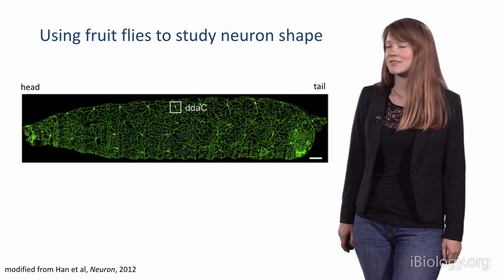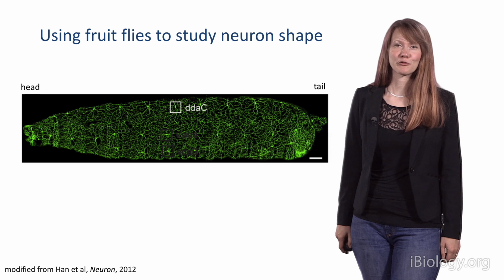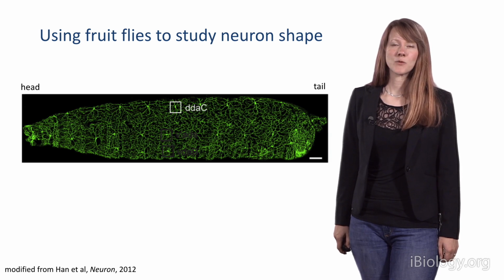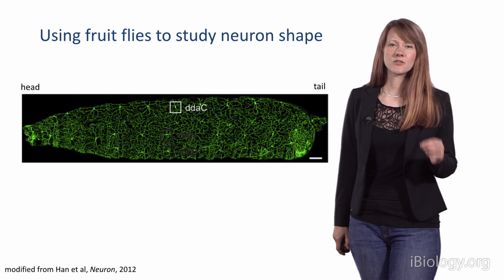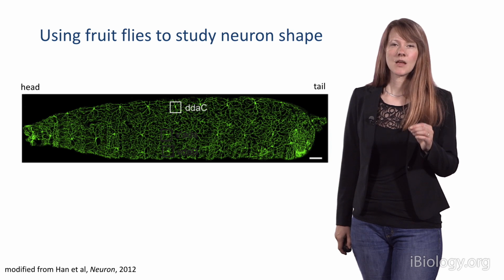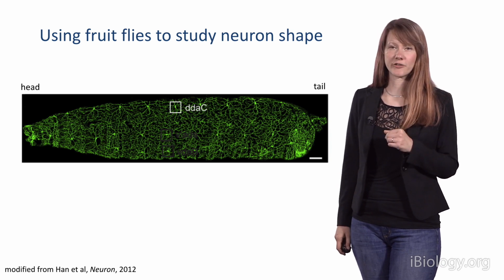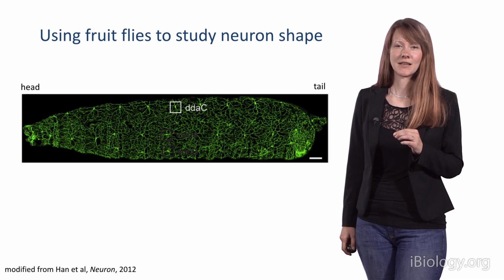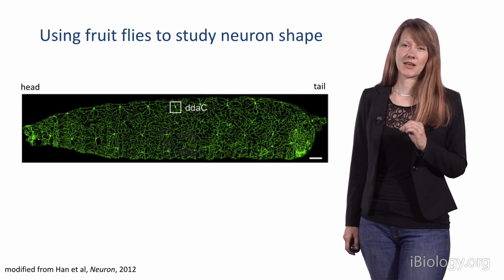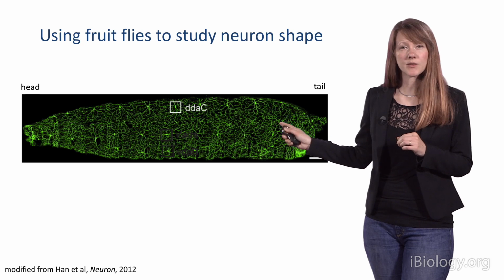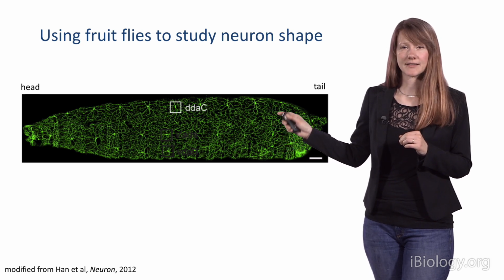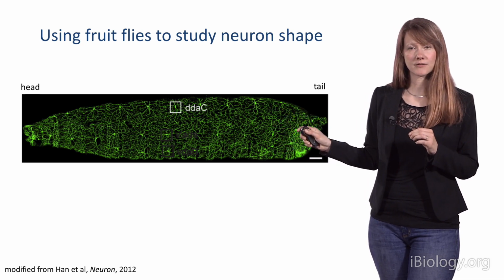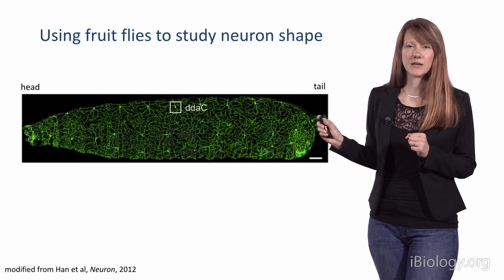Here's an image of the side view of a fruit fly larva. And what we've done is to use a genetic tool to exclusively drive GFP, a membrane-tagged green fluorescent protein, in one small subset of neurons. So the animal is transparent, and it's expressing this fluorescent protein only in one class of neurons.